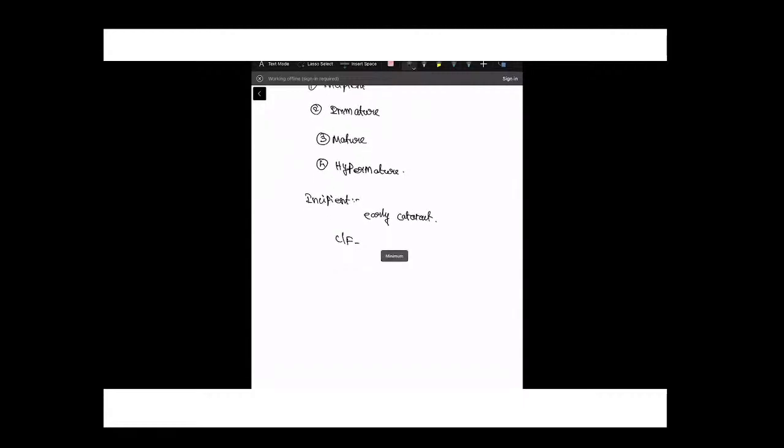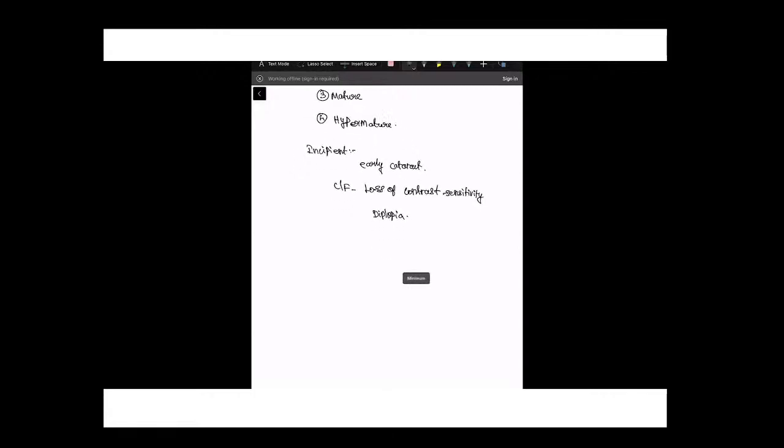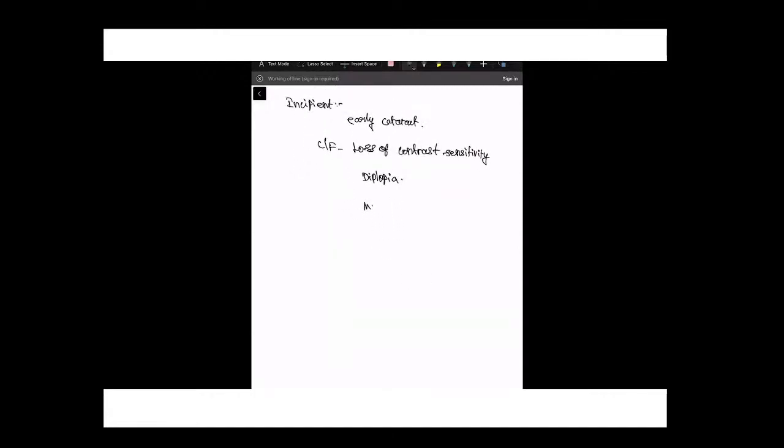Clinical features: there is loss of contrast sensitivity, there is double vision or diplopia, and there is mild loss of vision.